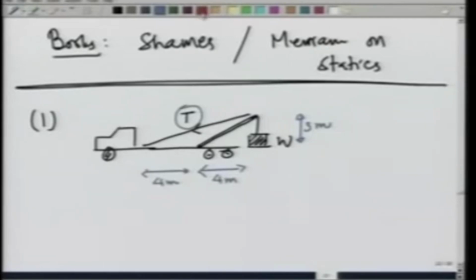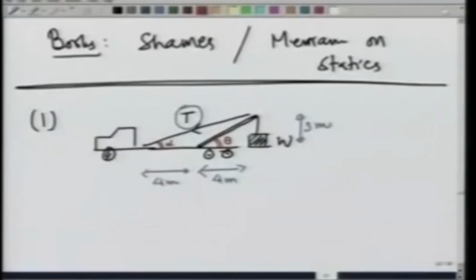Let me call this angle theta and this angle alpha. If I want to use the method of virtual work, then what we should do is imagine a virtual displacement of the system, and here the virtual displacement is going to be described by the change in angle here.